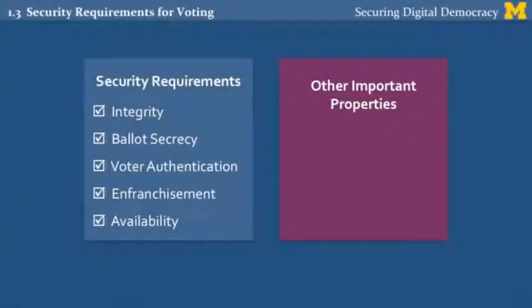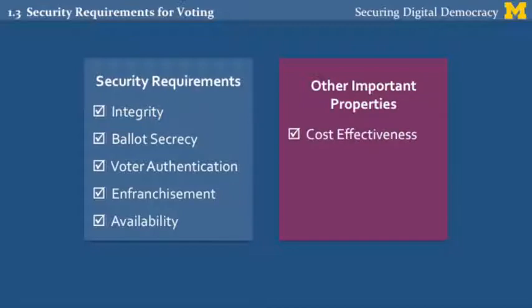In addition to the security requirements we've just discussed, there are also a number of additional requirements that we consider to be very important for election systems. Sometimes these have security implications too, and we'll talk about them at various points throughout the course. One of these is cost effectiveness.